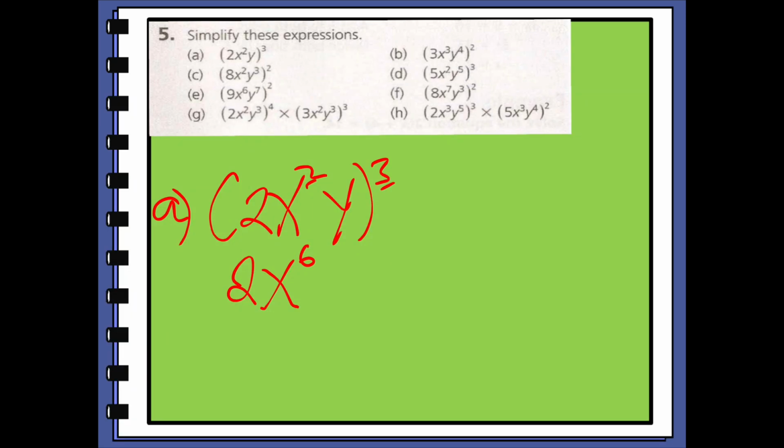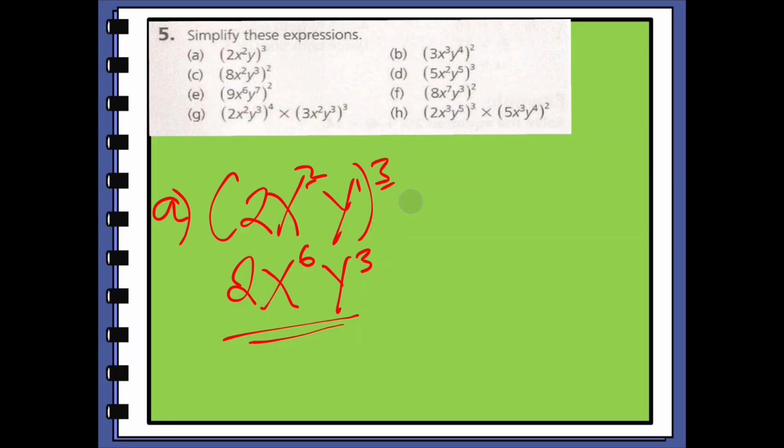Then this y has got nothing, so its power is 1. 1 times 3 is 3, so y is power 3. This is how you can remove it from the brackets, and you do the same for b and c and d, even e and f, by multiplying the number outside the bracket.